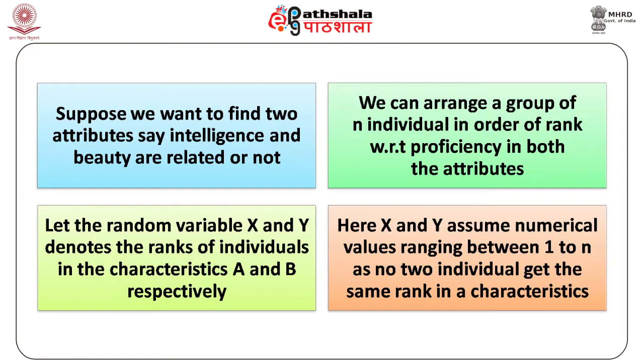Let the random variables x and y denote the ranks of individuals in the characteristics a and b respectively. Here, x and y assume numerical values ranging between 1 to n, as no two individuals get the same rank in a characteristic.